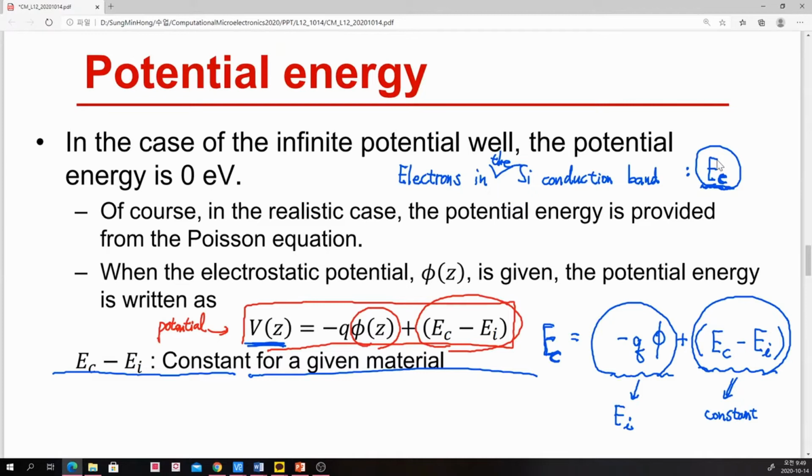Then from the solution of the Schrödinger equation, the eigenenergy and eigenfunction, the wave function, we can calculate the electron density. Then this electron density can be used to recalculate the electrostatic potential. You can easily understand there will also be another loop to get self-consistency. So, as usual.